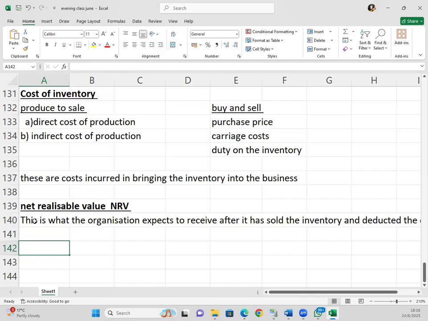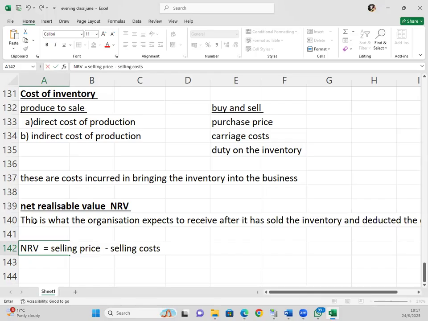So we can say the net realizable value is equal to the selling price, what we are expecting to sell the inventory for, minus the selling costs.